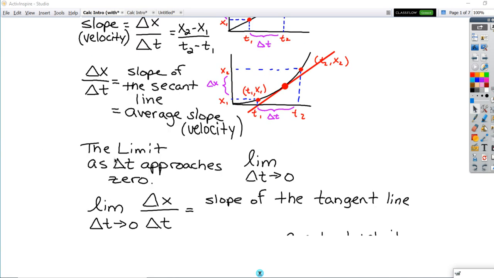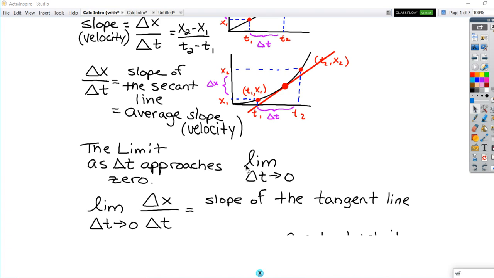So let me show you some notation. We want to undergo this process to find the slope of the curve at a single point. So we're going to use this process that we call the limit.